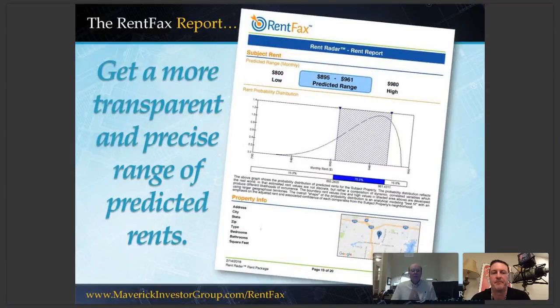Then we also incorporated into our report the rents. When you're looking at an investment, in my opinion the most important thing to first understand is, okay, what kind of risk do I have? Because the risk will tell you what kind of margin you need to buy this thing with. And we'll get into that in another slide. But one of the most told lies is how much a property rents for.